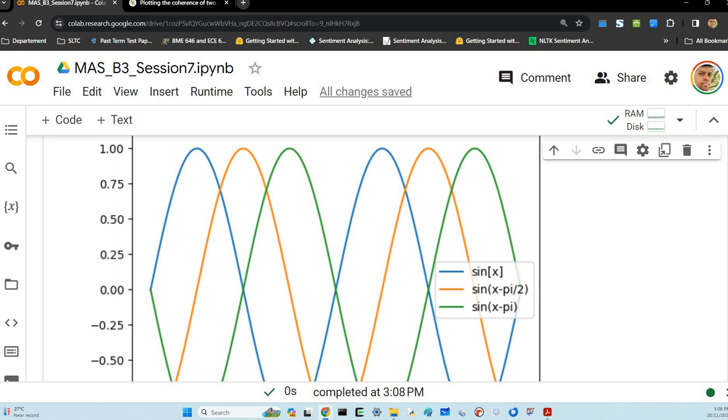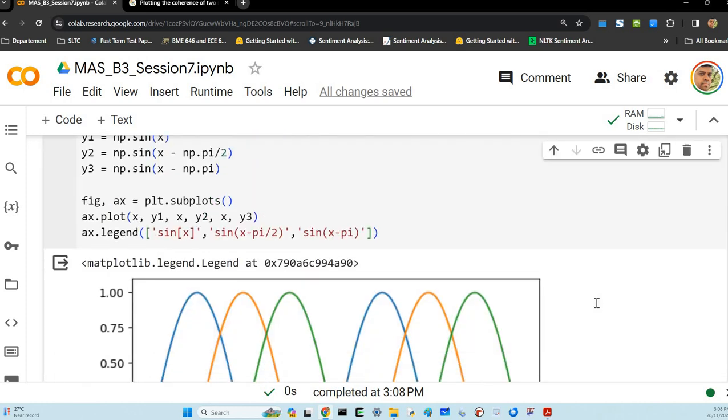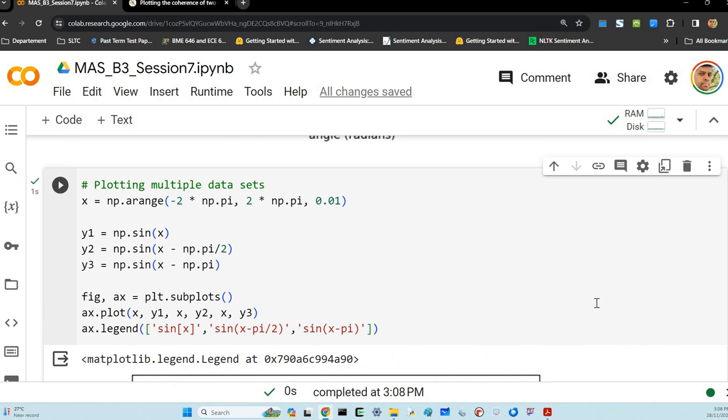So we have the labels right now. Right? This is an example where, when you have a large number of data, we can go for direct plotting like this.